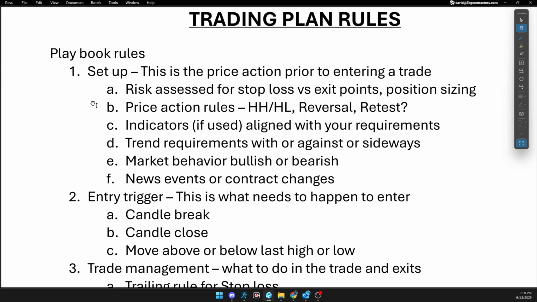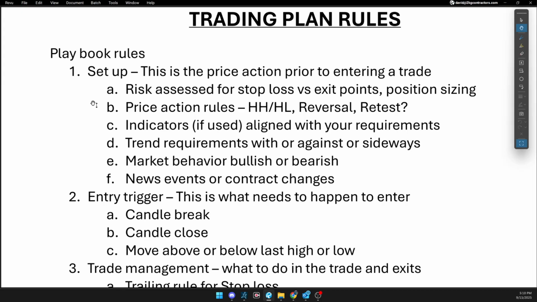So that's a rule. Market behavior. Is the market behaving bullish or bearish? This actually affects all time frames. I feel like it affects more the hour and the lower time frames.